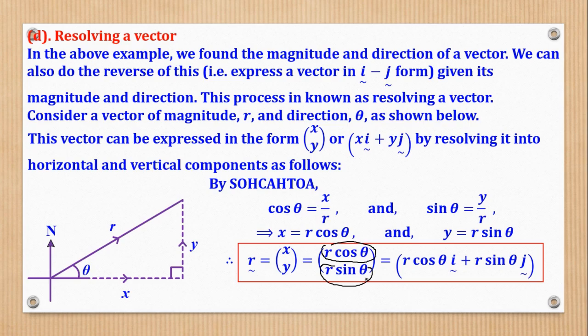Like I said, if by mistake you interchange the two, it is never okay. So always the upper part must have cos and the lower part must have sine, on condition that the angle is to the horizontal.